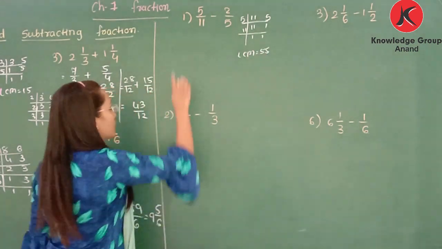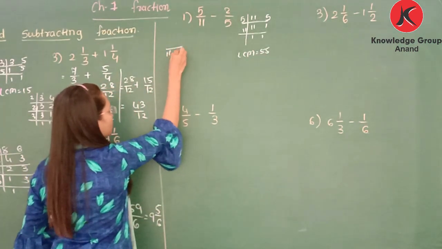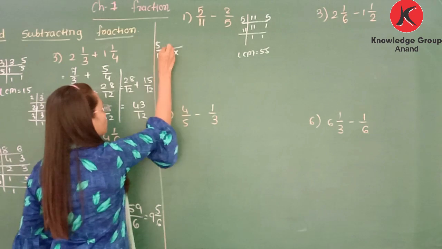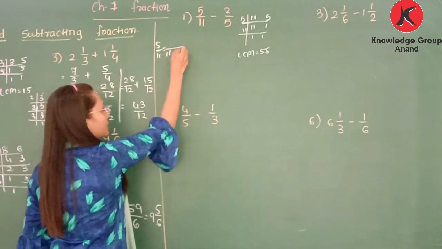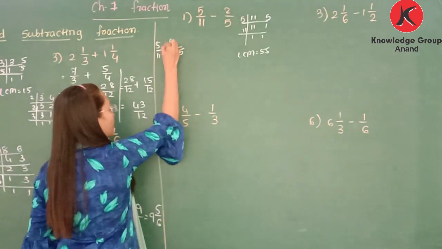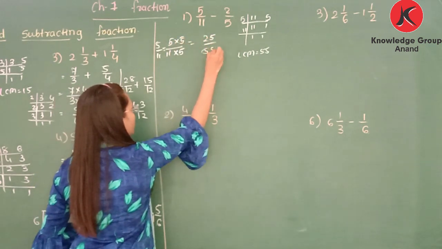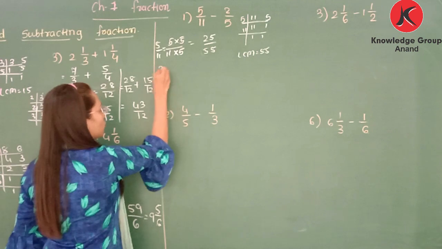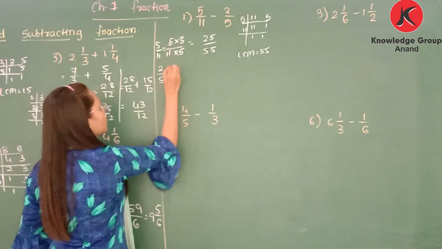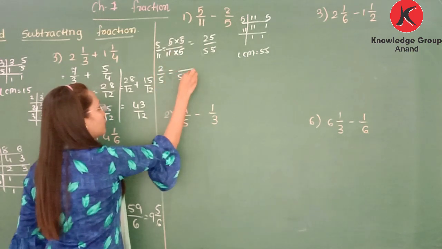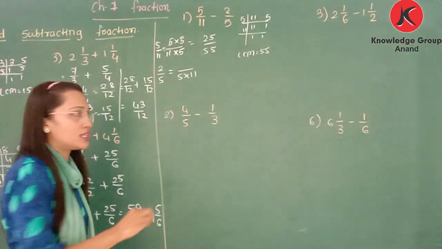Okay. So here 5 by 11 is multiplied. To get 55 here we need to multiply 11 with 5. So the same number in the numerator. So we have 25 by 55. 2 by 5 is multiplied. To get 55 here, 5 is multiplied with 11.